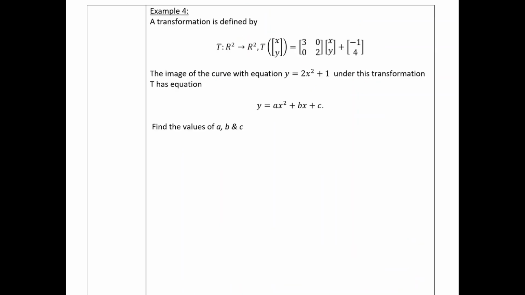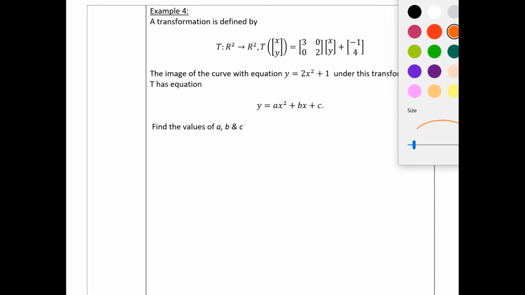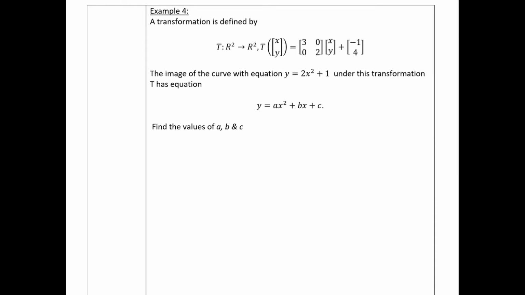So in this example, we know that a transformation is defined by this equation. The image of the curve with this equation under this transformation T has that equation. So this is a real mouthful to try and get your head around. What we're saying is there is a transformation. This is one of the things, so in red I'll put my things.